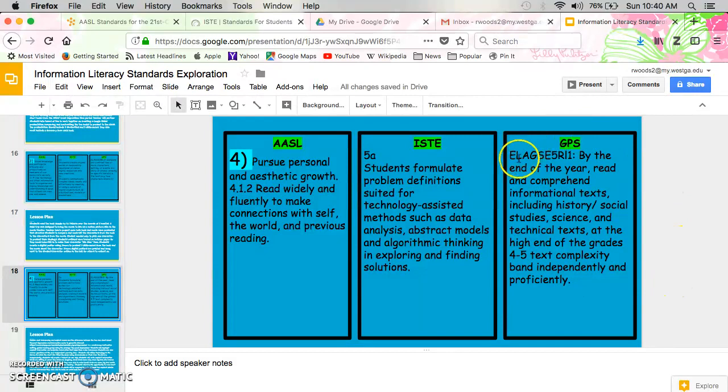And then I combined that with the reading standard for the Georgia Performance Standards, that by the end of the year, students are going to be able to comprehend informational text, including history, social studies, and science, independently and proficiently.